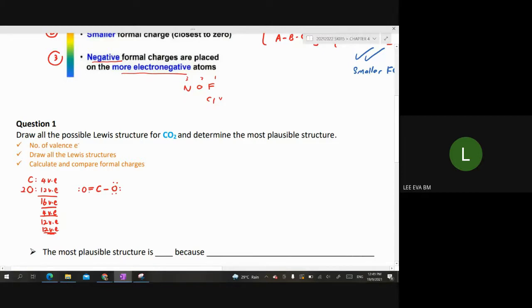Okay, so jadikan dia triple bond. So if you calculate back again, 2, 4, 6, 8, 10, 12, 14, 16. So overall electron dia masih 16 lagi. Jadi semua atom adalah octet. So bolehlah ini Lewis structure adalah betul.